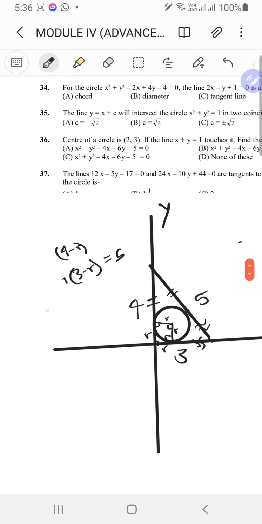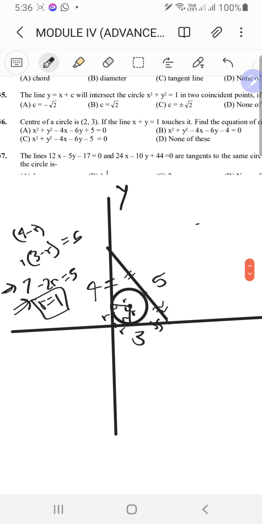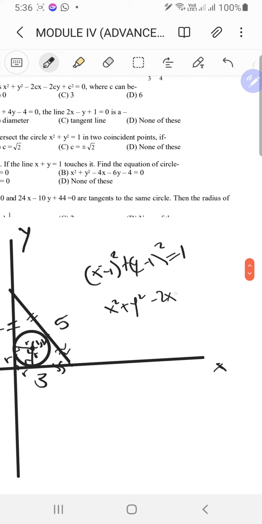So 7 minus 2r equal to 5, which means r is 1. Nice. So the center is 1 comma 1 and the radius is 1, which means x minus 1 squared plus y minus 1 squared equal to 1. So x squared plus y squared minus 2x minus 2y, plus 1 and plus 1, so plus 1 equal to 0. Cool.